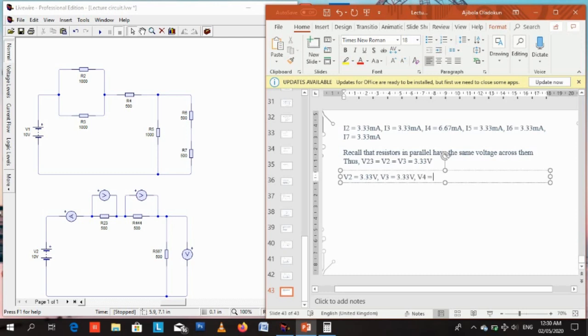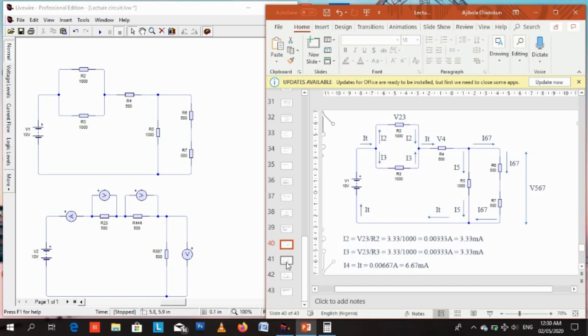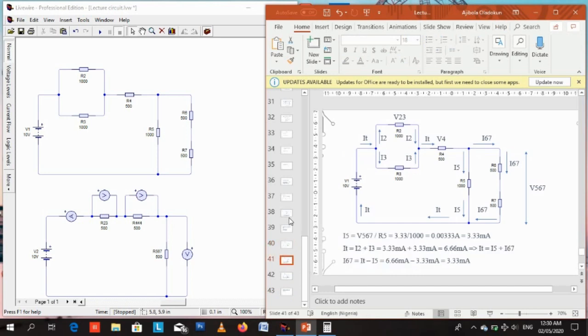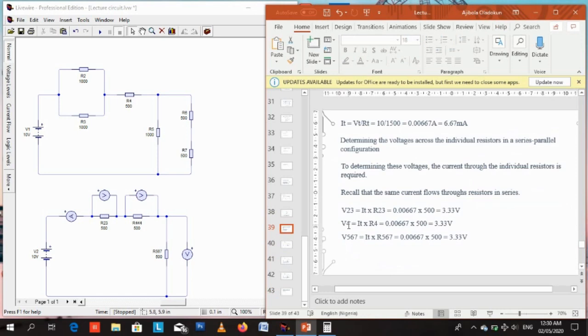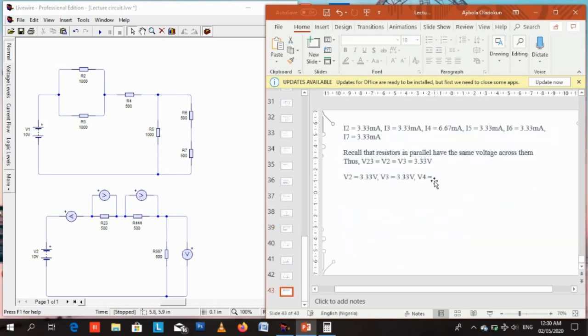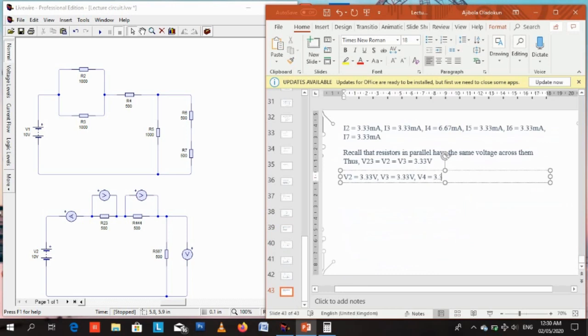V4, probably need to go back a bit to see what we got for our V4. Yeah, V4 is 3.33 volts. And the next one is V5. So we obtained V5 earlier.